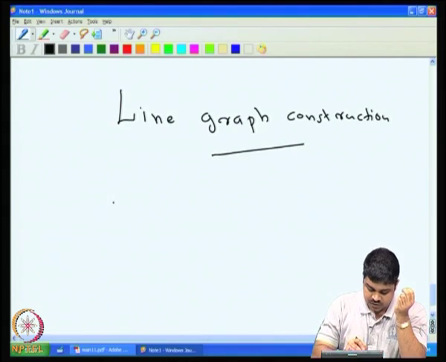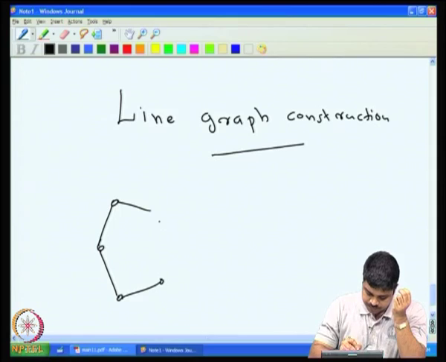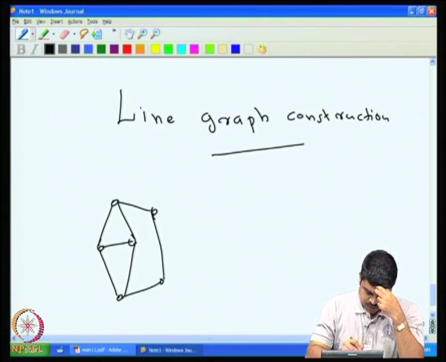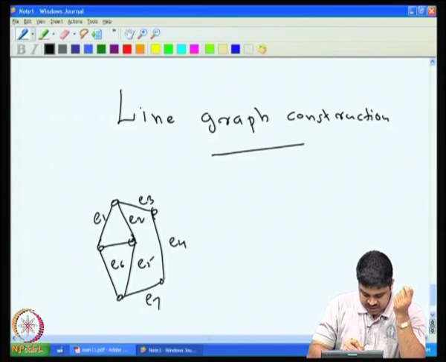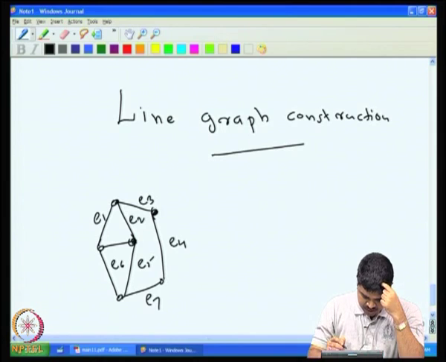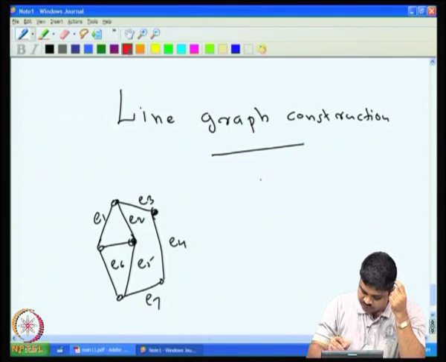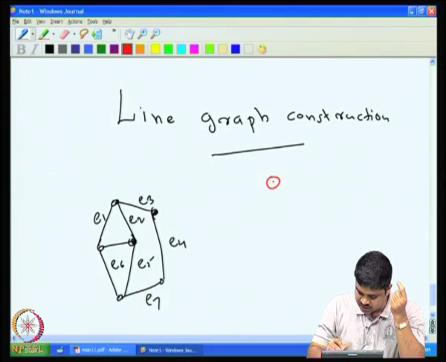So, for instance, you can consider this graph, a small graph here. Here is say E1, E2, E3, E4, E5, E6, E7. So, these 7 edges are there here. Now, I can construct a graph on 7 vertices.